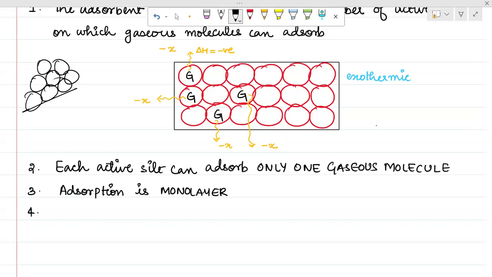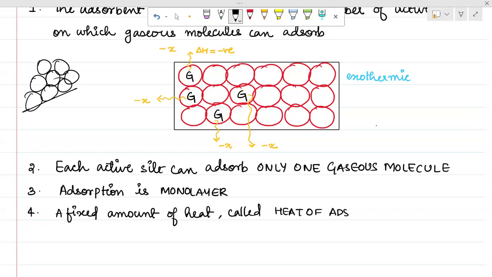Let's write it down. A fixed amount of heat, called heat of adsorption, is released when a site is occupied.